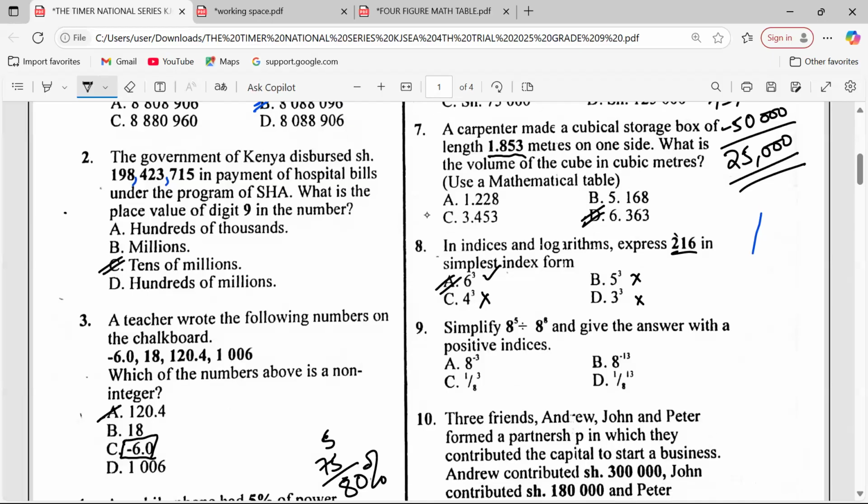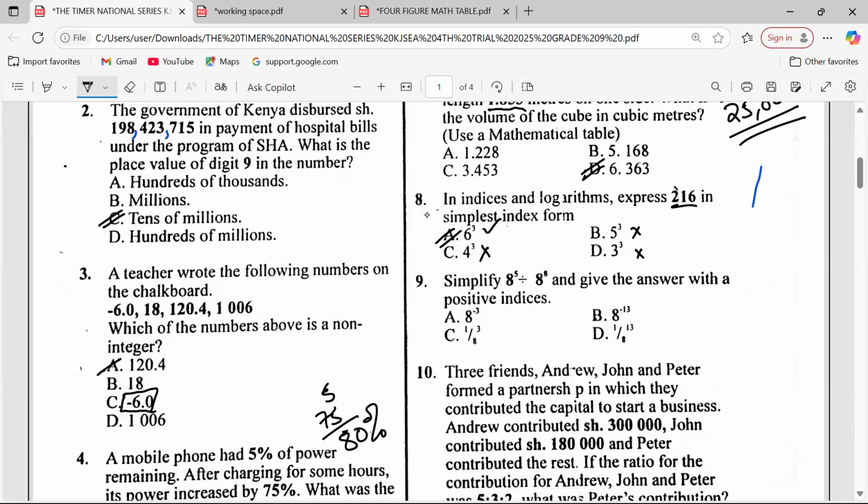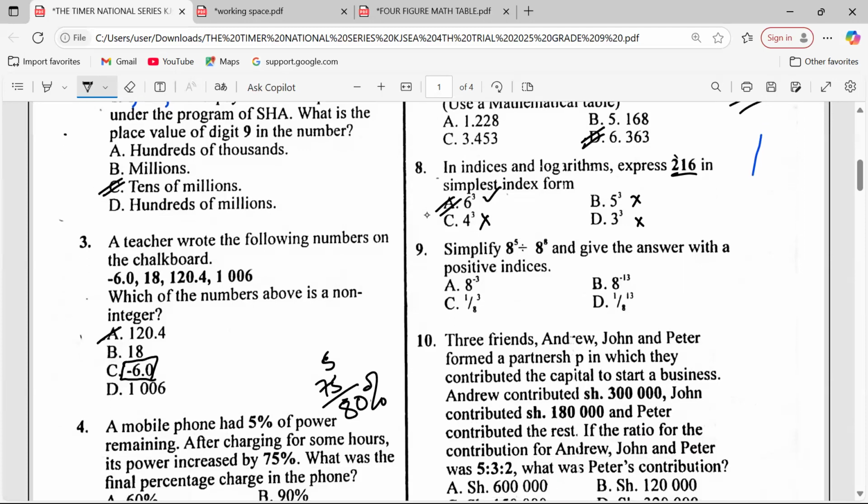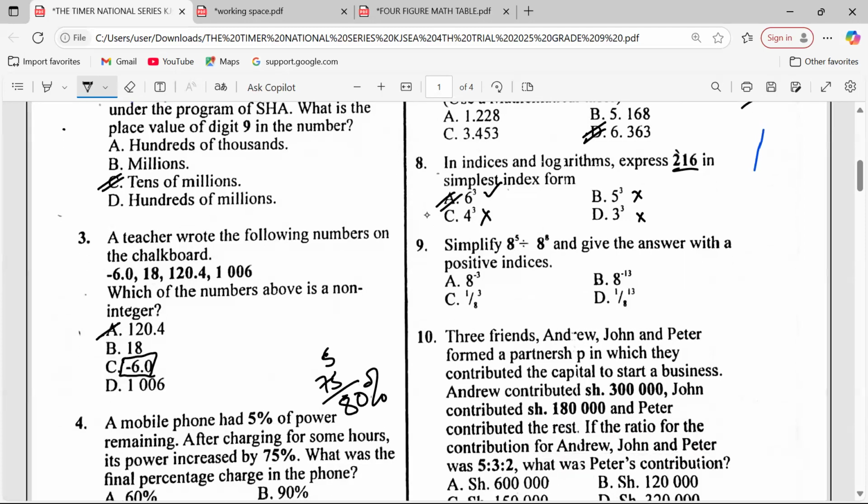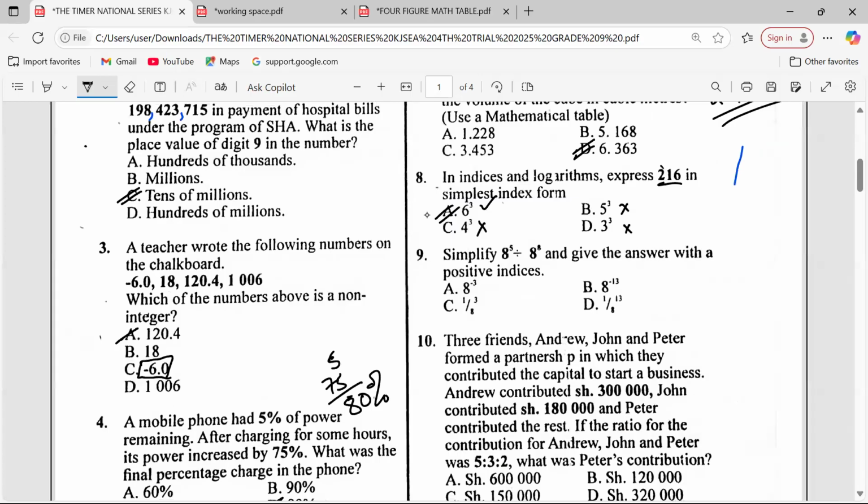Okay, it's not possible to have it as base 2. Therefore, 6 power 3 becomes the least possible base. And now A becomes the most appropriate option.